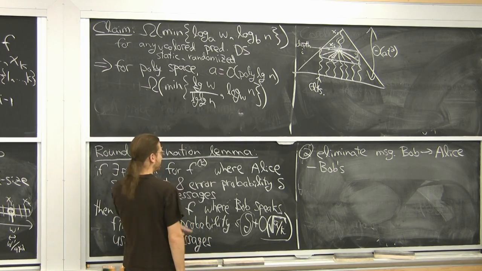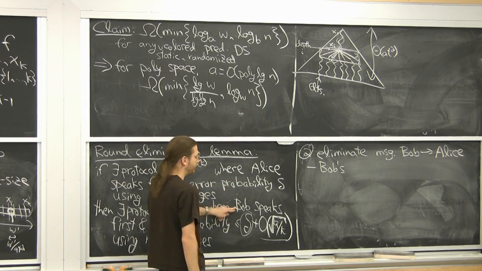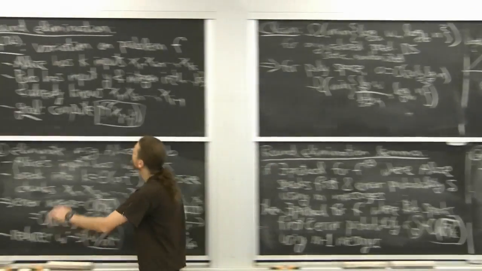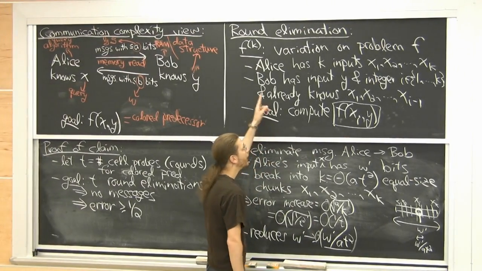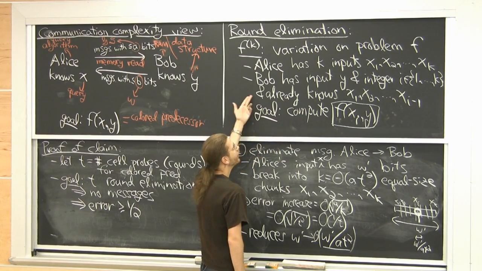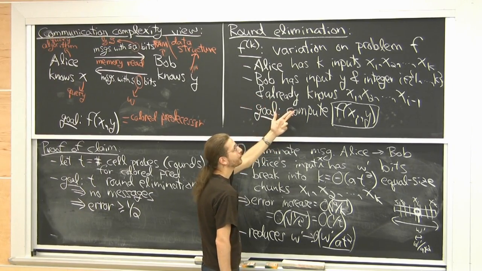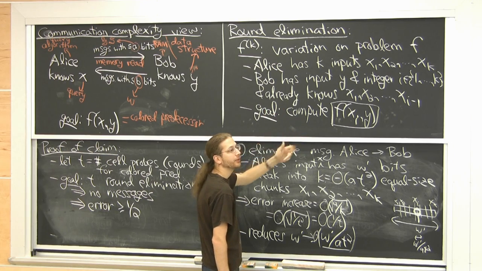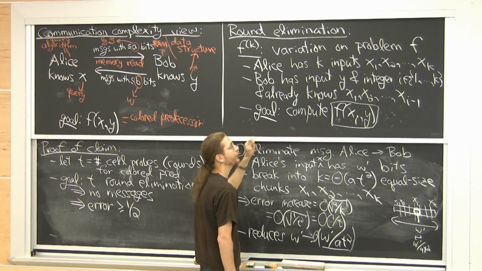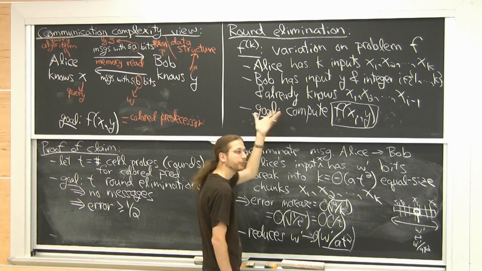So you can restate this: if Bob speaks first and then Alice speaks next, you get square root of b over k error. The f to the k problem is now that Bob has k inputs, maybe call them y1 to yk. Alice has an input x and the integer i. So now Alice, the querier, knows what i is, but Bob doesn't. The data structure doesn't know it. Okay, so just reverse everything.